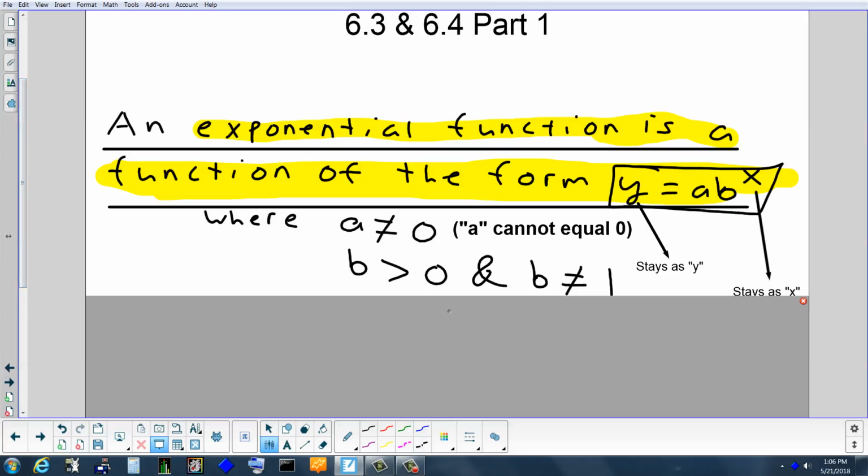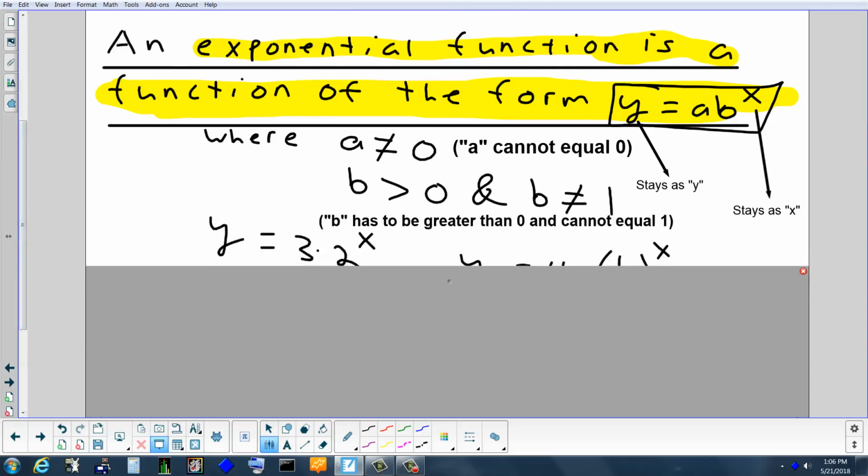When we have you write an exponential function, y will just stay as y, just like slope intercept form, and x stays as x.